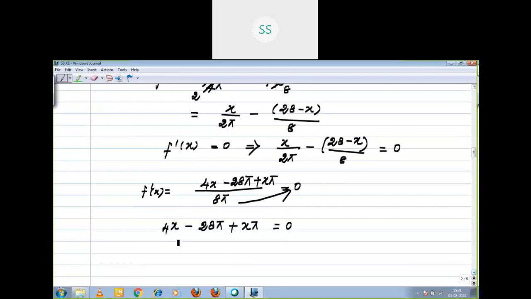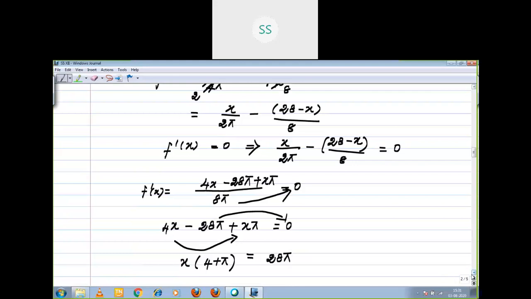Now in these two things, which is common? Anyone? Yeah, very good. x is common. So 4 plus pi. When you shift the minus 28 pi to this side, what can you get? 28 pi. Right? 28 pi.